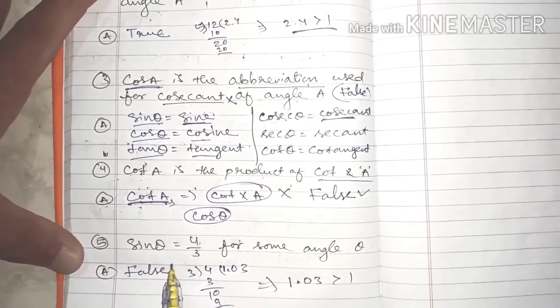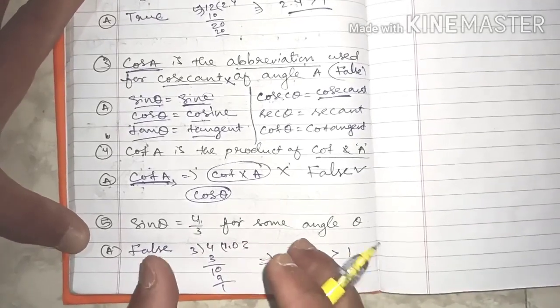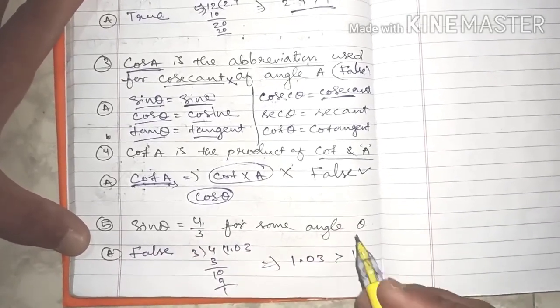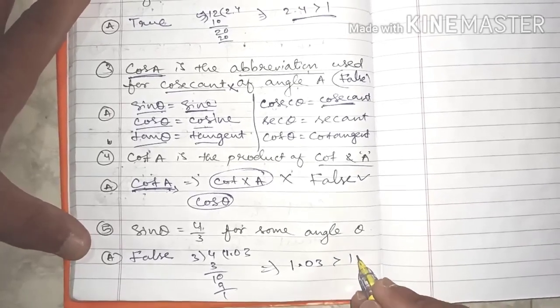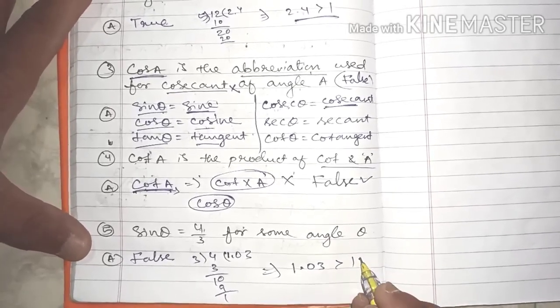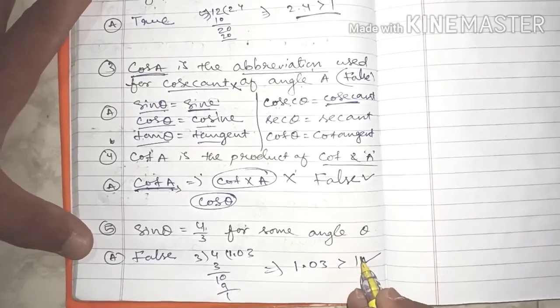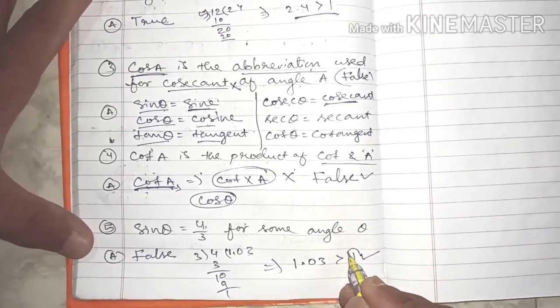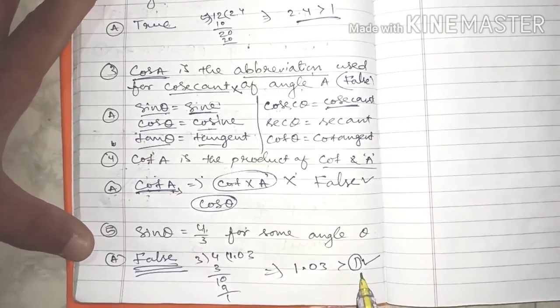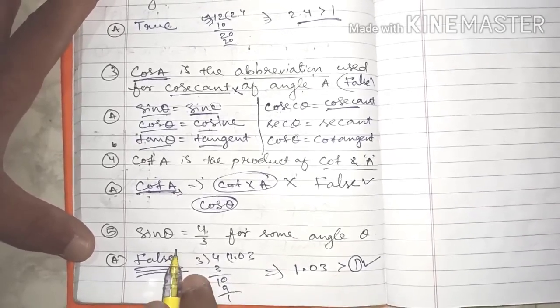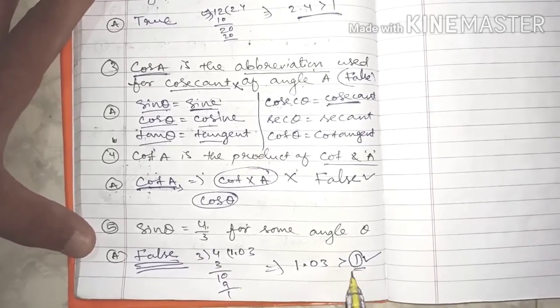In the sine trigonometric ratio, which we will learn in the next exercise, there is no value of sin theta which is greater than 1. The maximum value of sin theta is 1. So this is false.